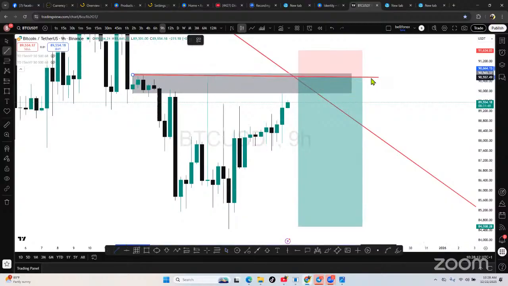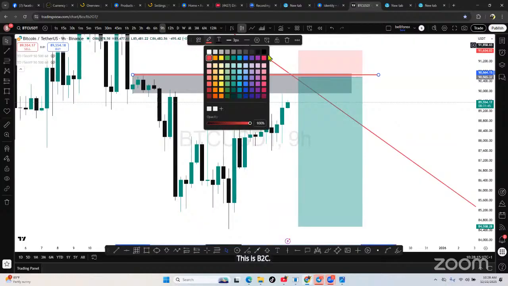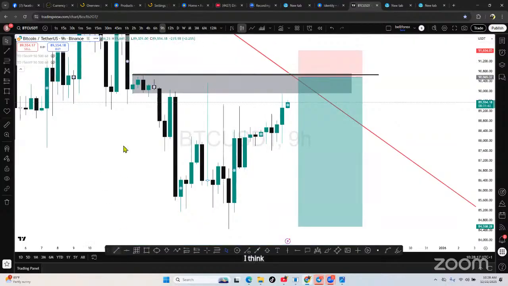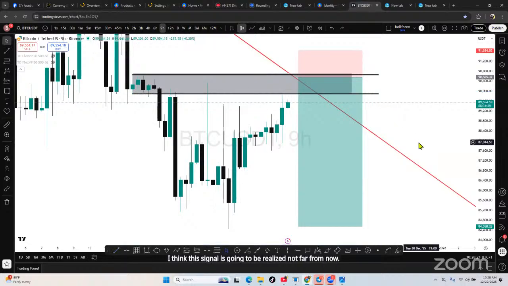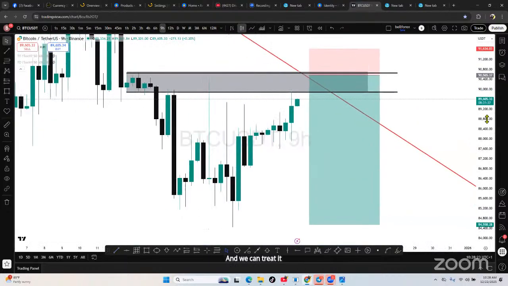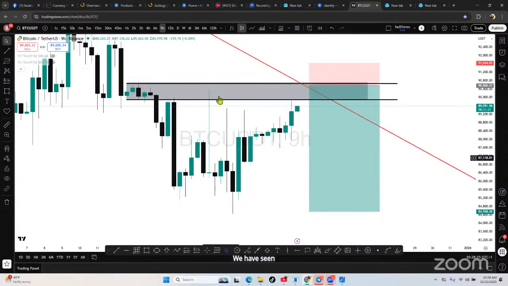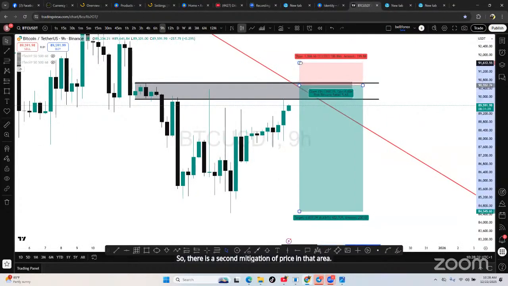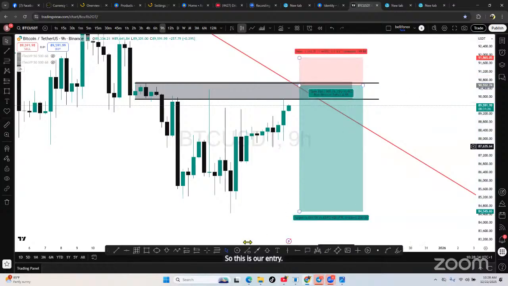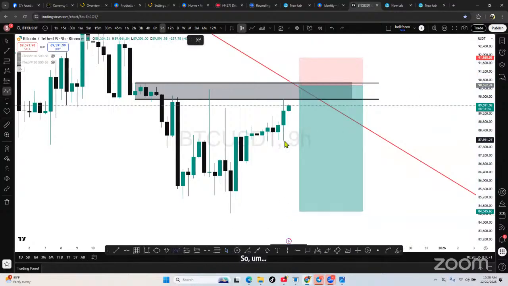I think this signal is going to be realized not far from now, and we can trade it even out for the weekend. We have seen price went there once, so there is a second mitigation of price in that area. So this is our entry. So this is what I'm looking at for BTC.